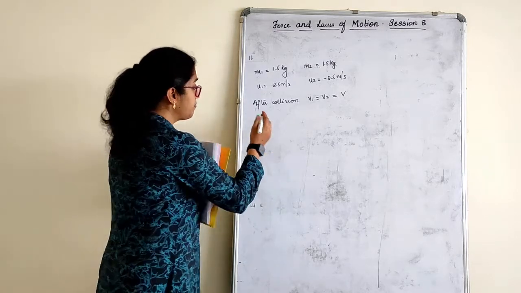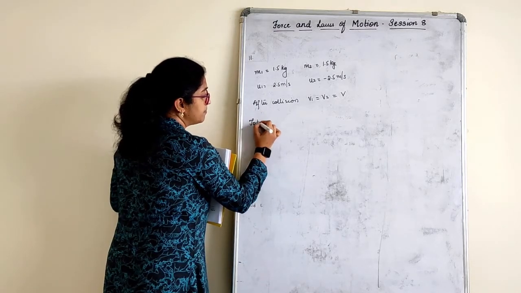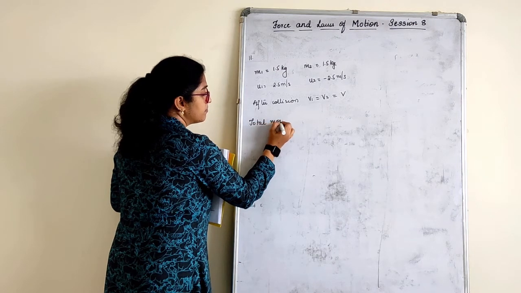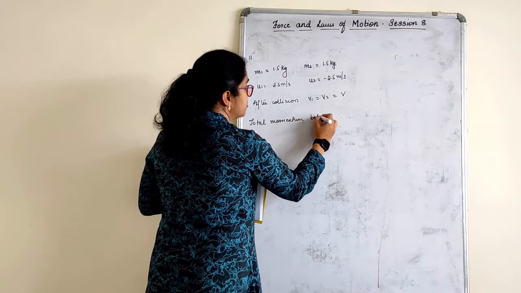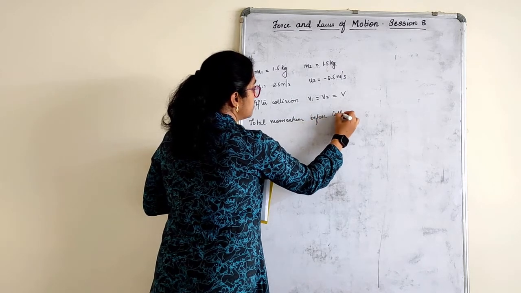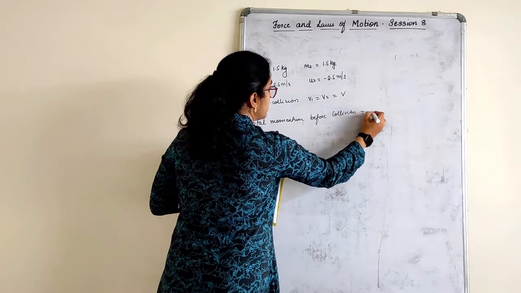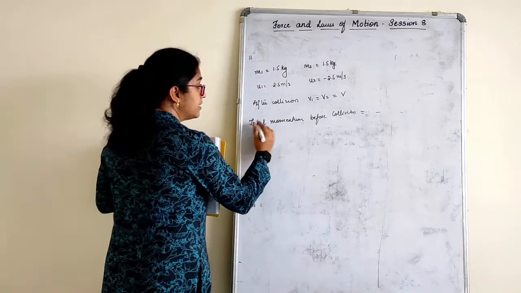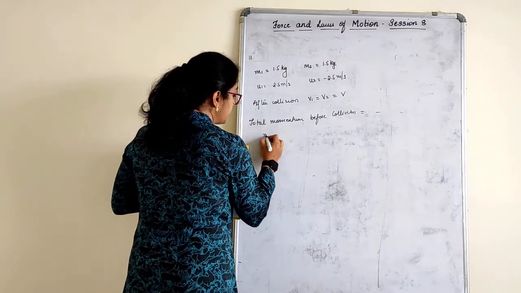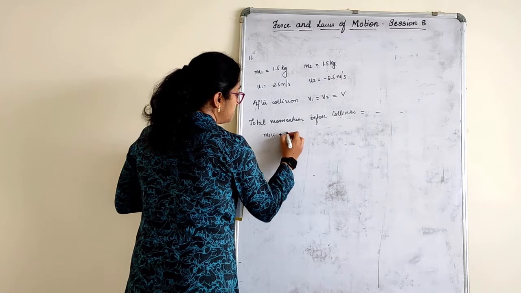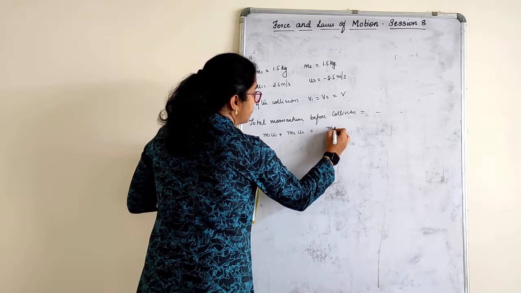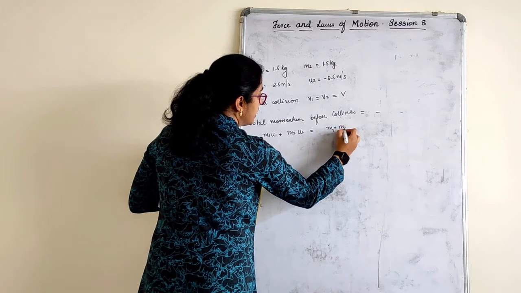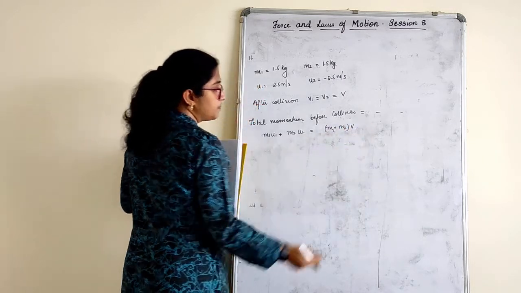How to solve this? Total momentum before collision is equal to, you know the formula, right? Total momentum before collision is m1u1 plus m2u2, after collision m1 plus m2 of v.